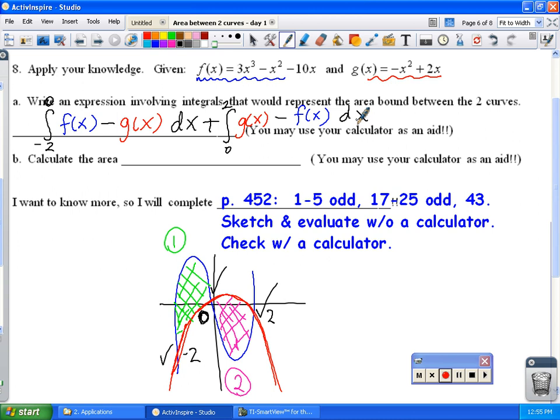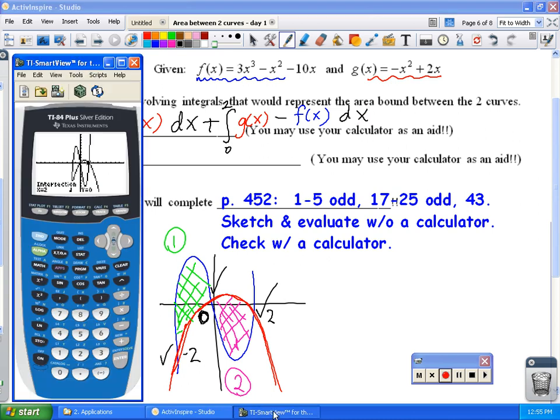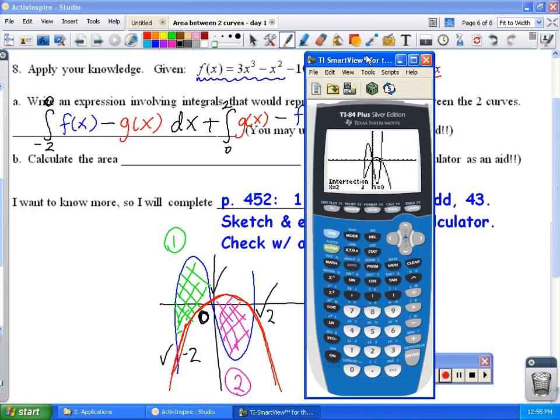So this is a complex integral that involves two different integral expressions. Again, why? Because the top curve is changing, and I have to let the calculator or myself, whoever's doing the work, know that. Now, if I wanted to calculate the area, I'm going to go ahead and do that with a calculator just to give you that practice.